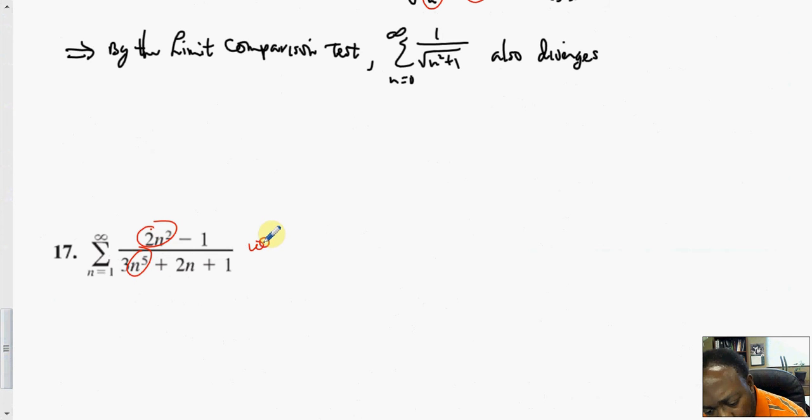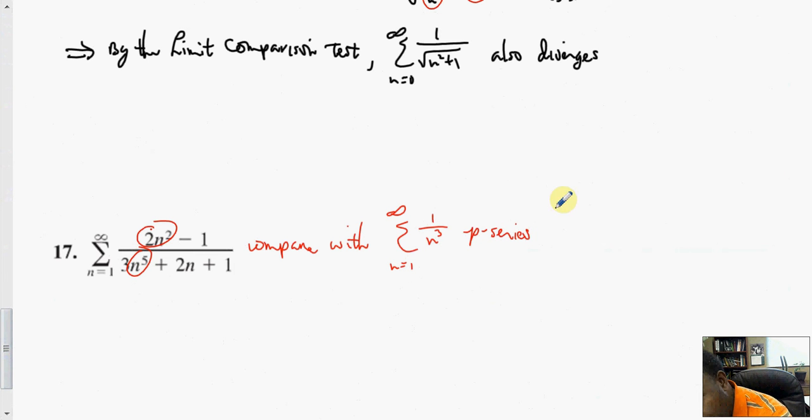So we compare with the summation as n goes from 1 to infinity of 1 over n to the 3rd, n squared divided by n to the 5th. This is a p-series, convergent.